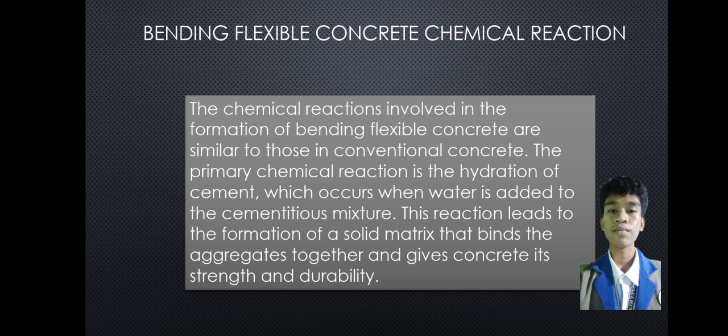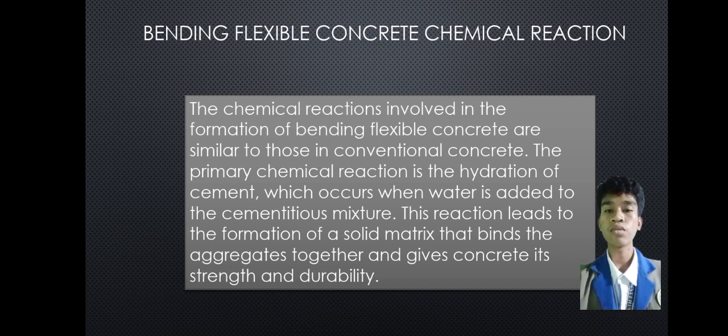In the case of bending flexible concrete, additional chemical reactions may occur depending on the type of fiber used. For example, if steel fibers are incorporated, they may undergo a passive oxide layer formation to protect against corrosion. Polymer fiber may not undergo chemical reaction but contribute to the overall flexibility and ductility of the concrete.